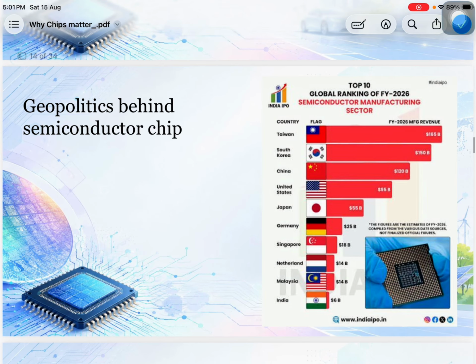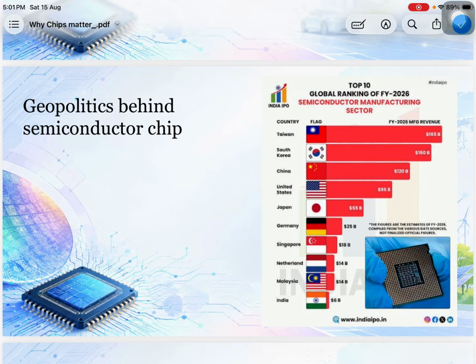So since I was saying it has been used in every aspect of our life, especially after the introduction of AI tools in our life, the semiconductor chip has become a topic of national security, and it is inviting players from entire geopolitics.